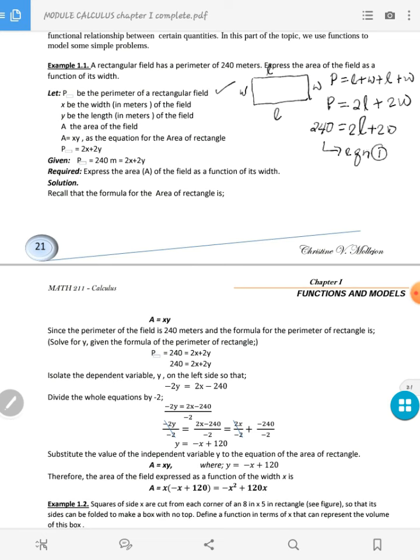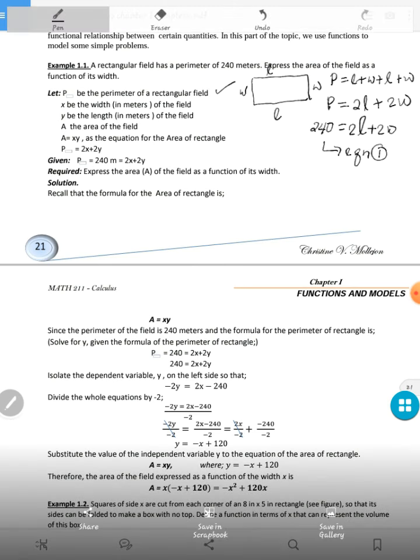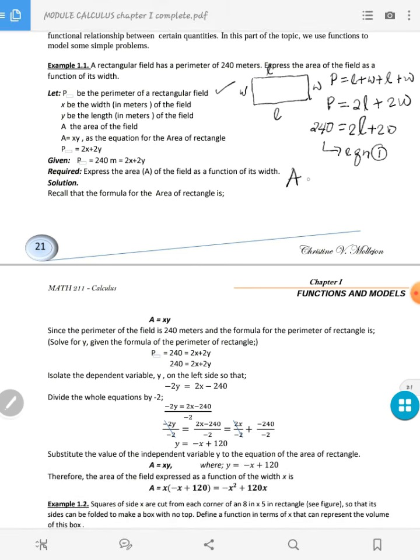Because the problem asks for the area of the rectangle in terms of its width. But we all know that the area of a rectangle is equivalent to length times width.